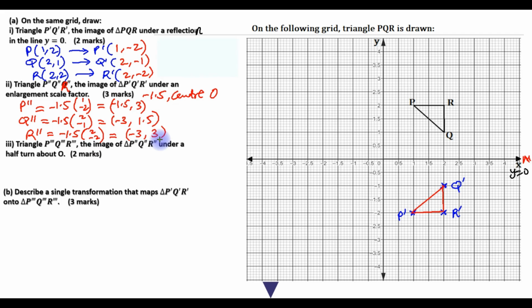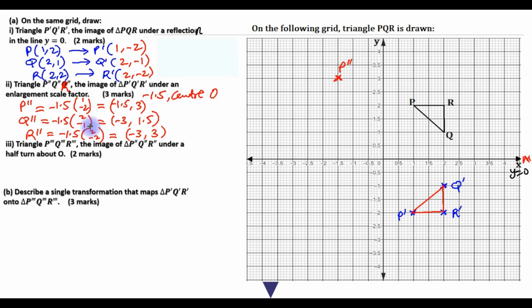So since we have the coordinates of P double prime, Q double prime and R double prime, now we can plot the points. So let us plot the points. P double prime is (-1.5, 3). So that's where P double prime is.